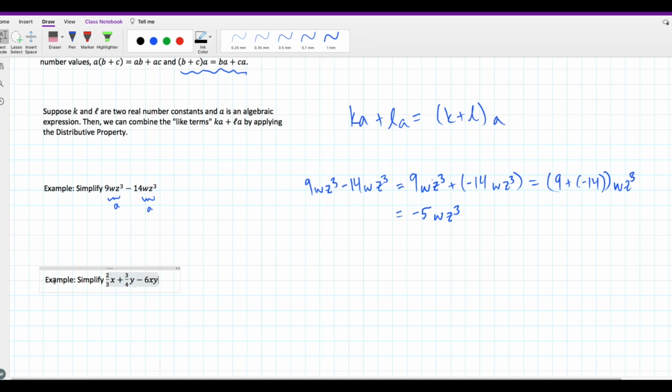Okay, and then let's also add, let's say 1/6 x minus 3/2 y minus 8xy.